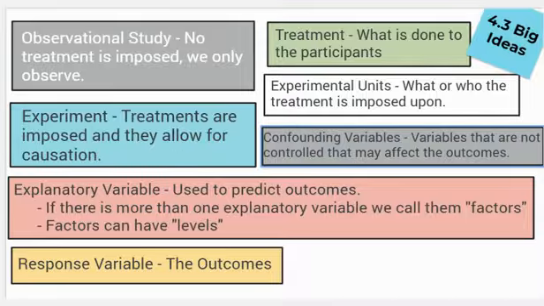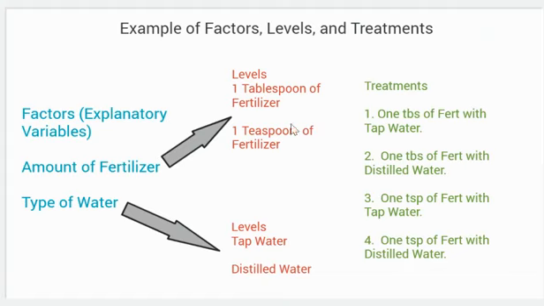Now, I want to go just a little bit deeper into these definitions, especially the factors and levels, and I want to show you this example. Let's say I was doing an experiment and I was growing plants. Doesn't matter what the plant is. I decide that I want to see what effect the amount of fertilizer and the type of water have on my plants.